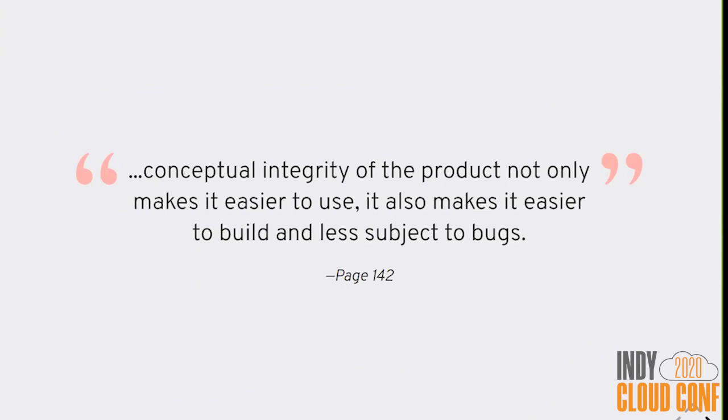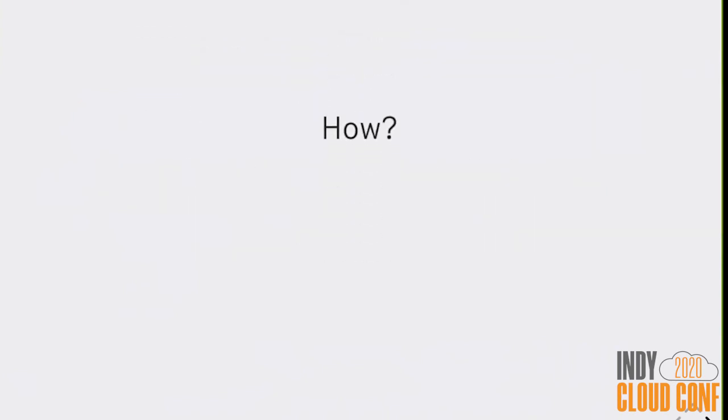They don't have to translate, oh, it's called this over here, it's called that over here. It's called a user here, over here it's called an account, and so on. If you've heard the phrase ubiquitous language from the domain-driven design people, same basic idea. You want a very clear, consistent, big picture throughout the entire system. So how do you get that? Brooks argues it is through smart division of labor.